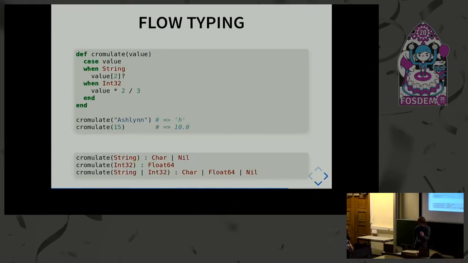So if you restrict value to a string, then you can do that indexing operation. And if you restrict to an int32, you can multiply it by 2 and divide it. So here at the bottom, I've got the different instantiations of the cromulate function as well.